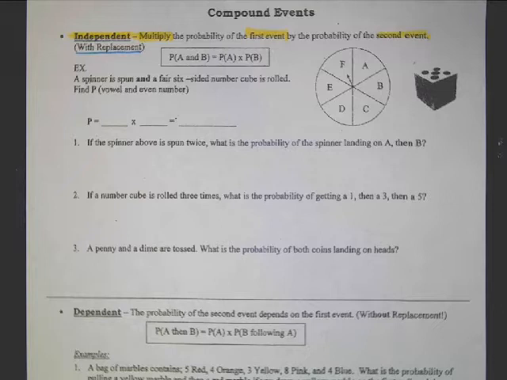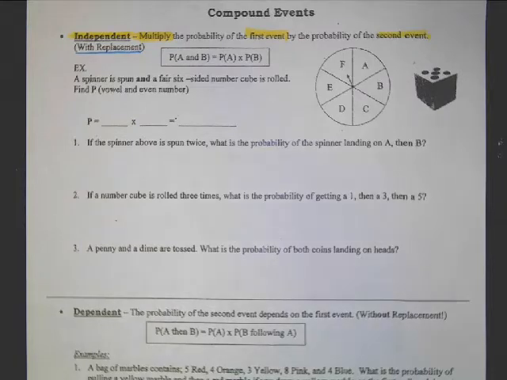Let's check this out. An example: a spinner is spun and a fair six-sided number cube is rolled. We want to find the probability of a vowel and an even number.